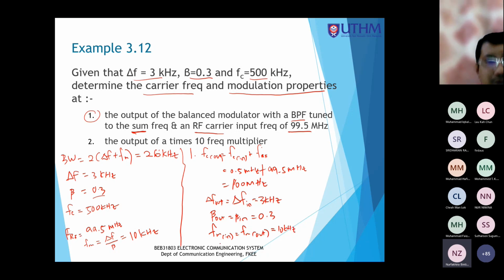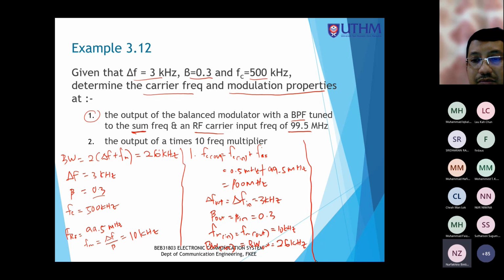And the bandwidth in equals the bandwidth out, equal to 26 kilohertz. I'm using Carson. If we can use Bessel, then you can use Bessel, no problem. So this is for the first question.